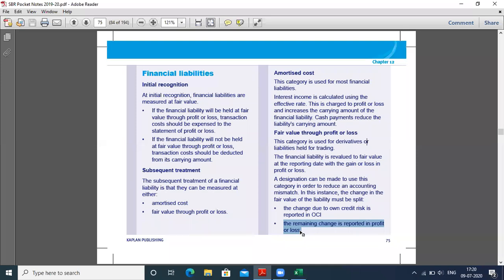Now, can anyone say what exactly credit risk means? What do you mean by credit risk? Any idea? I think you might have heard this particular word also, credit risk.